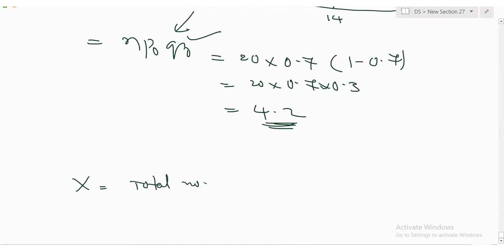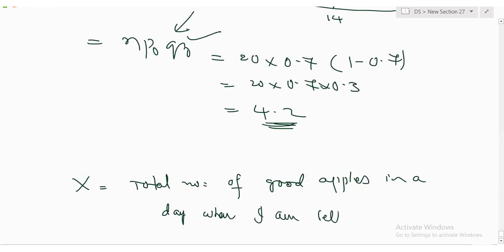X is the total number of good apples in a day when the shopkeeper is selling 20 apples. Is there any question now? Sarupa, this random variable I want to study.